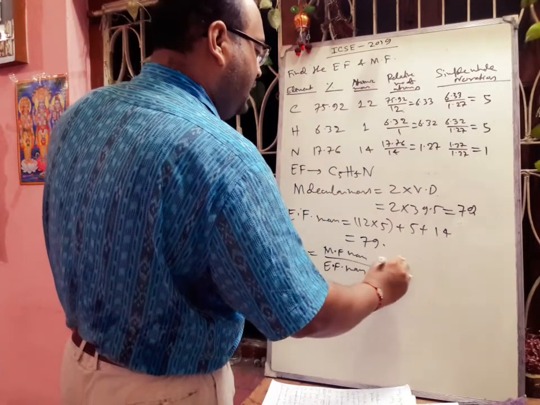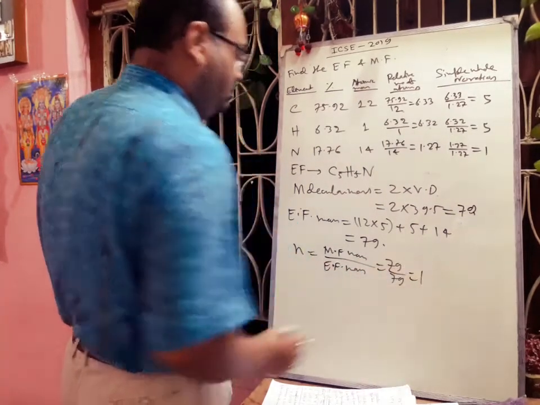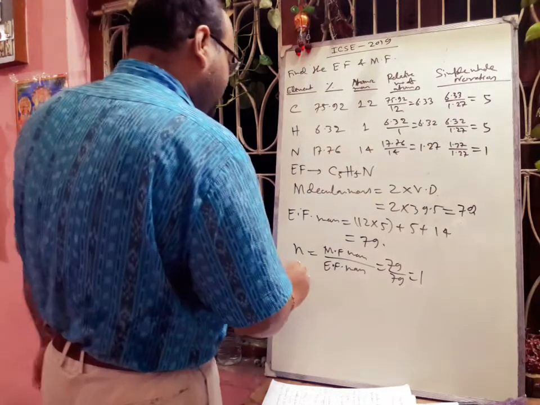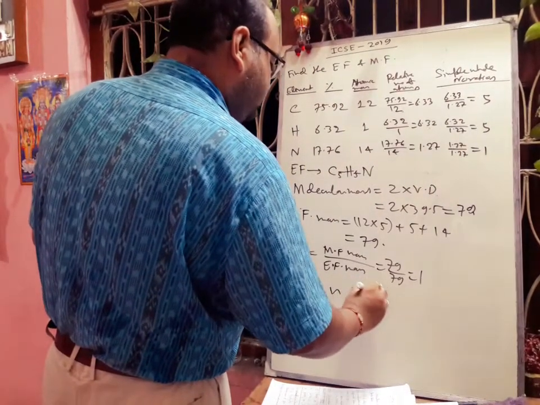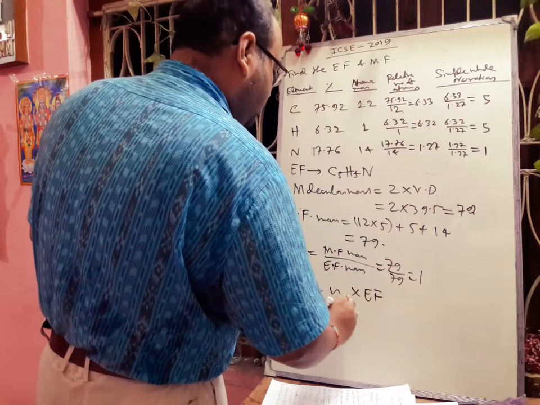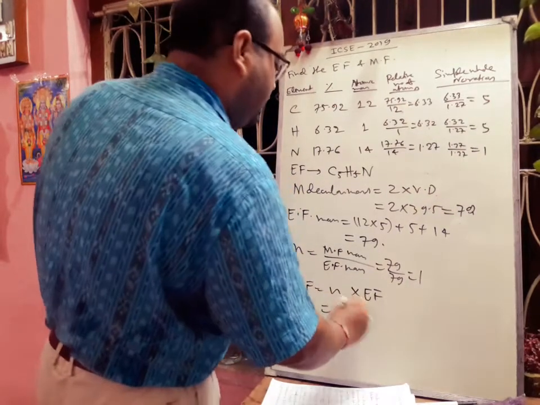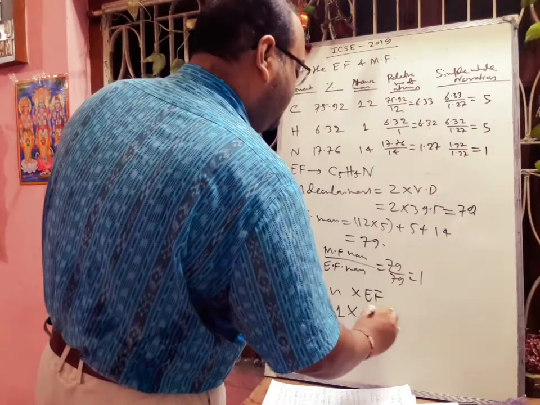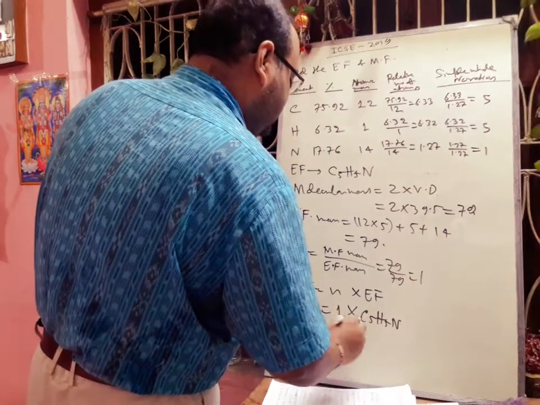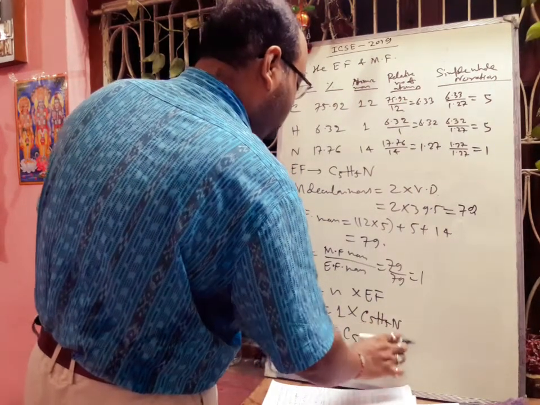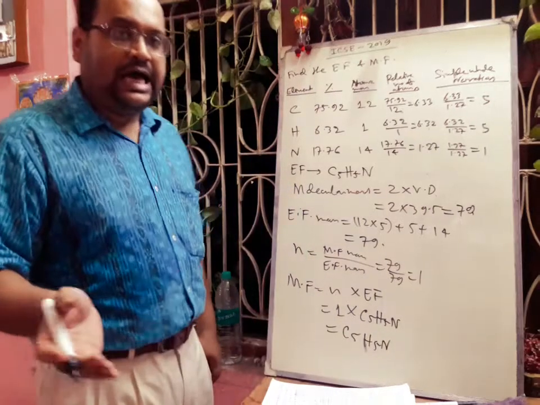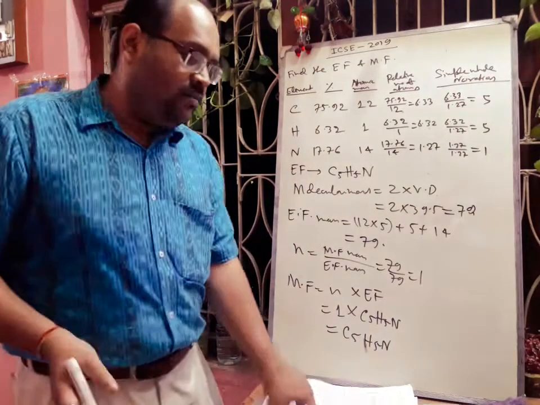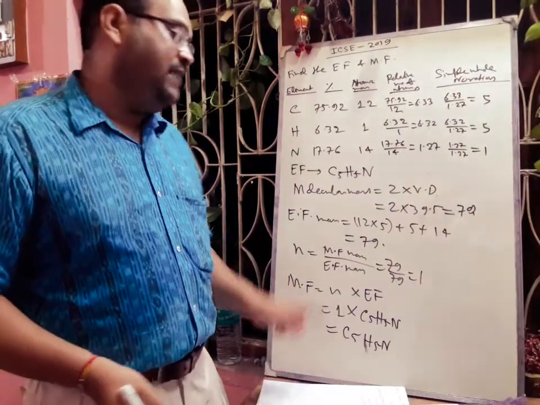So 79 divided by 79, that will be 1. From here we can write the molecular formula is equal to n into the empirical formula. We know the value of n is 1, so 1 into C5H5N. So both the molecular formula as well as the empirical formula of the compound is C5H5N.